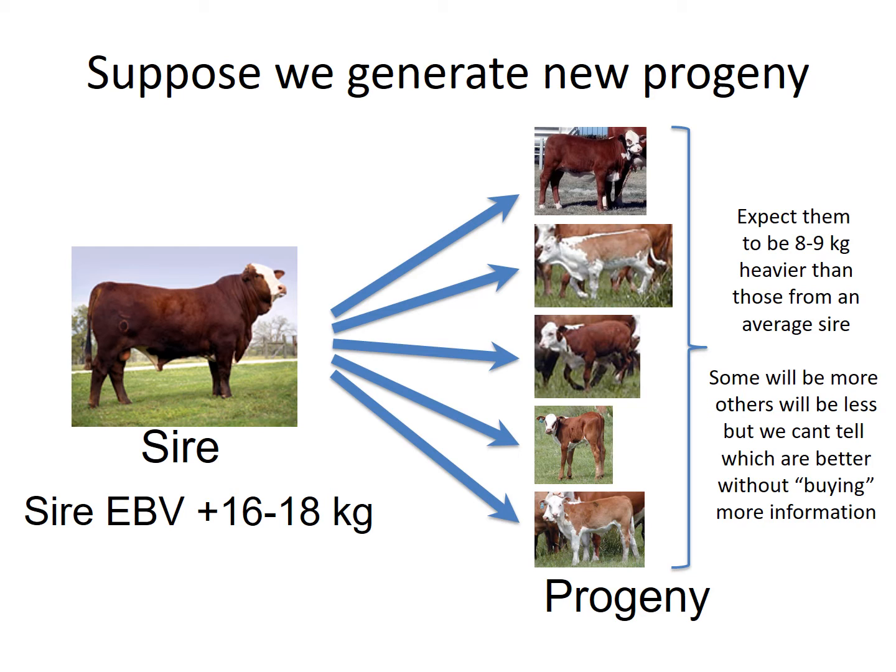But I would recognise that some will be quite a bit better than that, and some will be less than that. And we can't tell which of those offspring are better and which are poorer without buying more information about them, which we do by measuring and recording their performance.